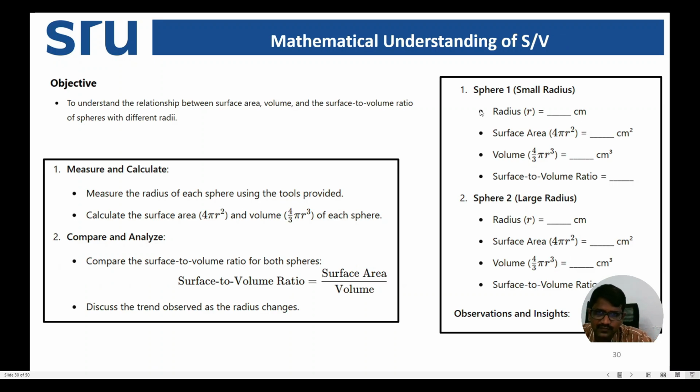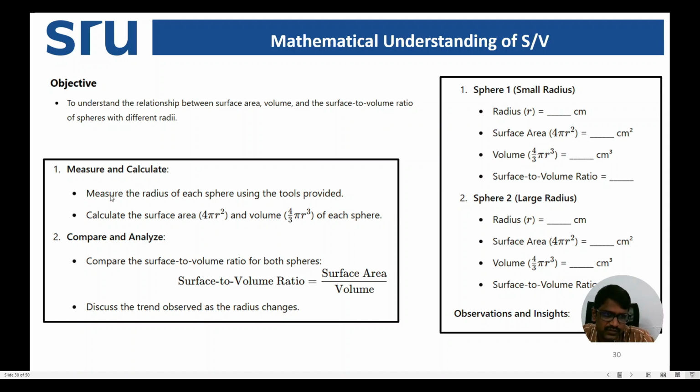Okay, right. Then how can we understand this surface to volume ratio mathematically? For example, see this. To understand the relationship between surface area, volume, and surface to volume ratio of spheres with different radii, imagine a sphere.